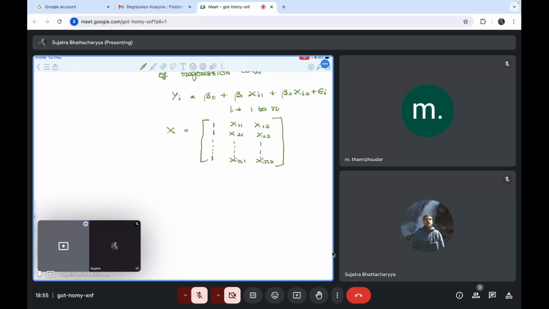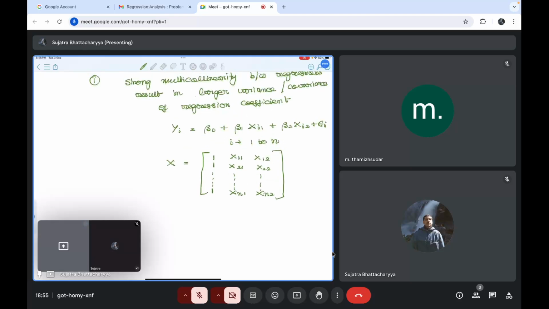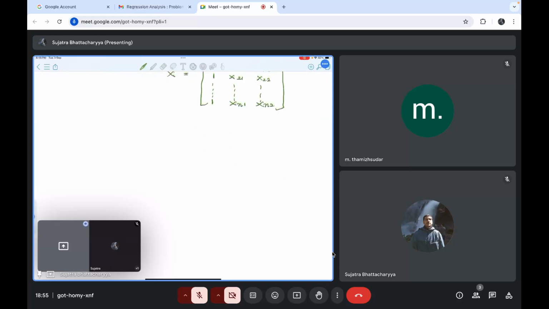Now, to show that these regression coefficients have larger variance and covariance, a standardization technique is used. That technique is popularly known as centering and scaling. For the entire multicollinearity detection, we generally use centering and scaling.